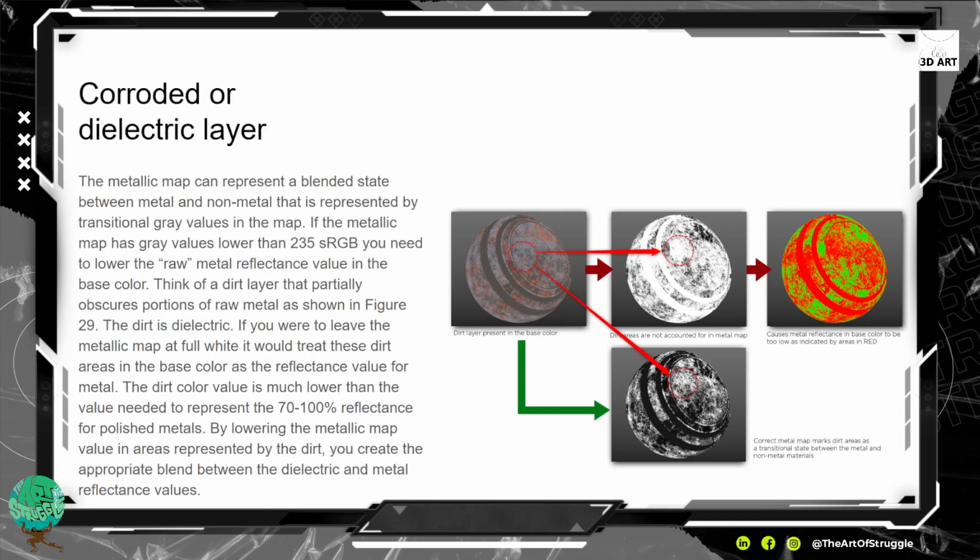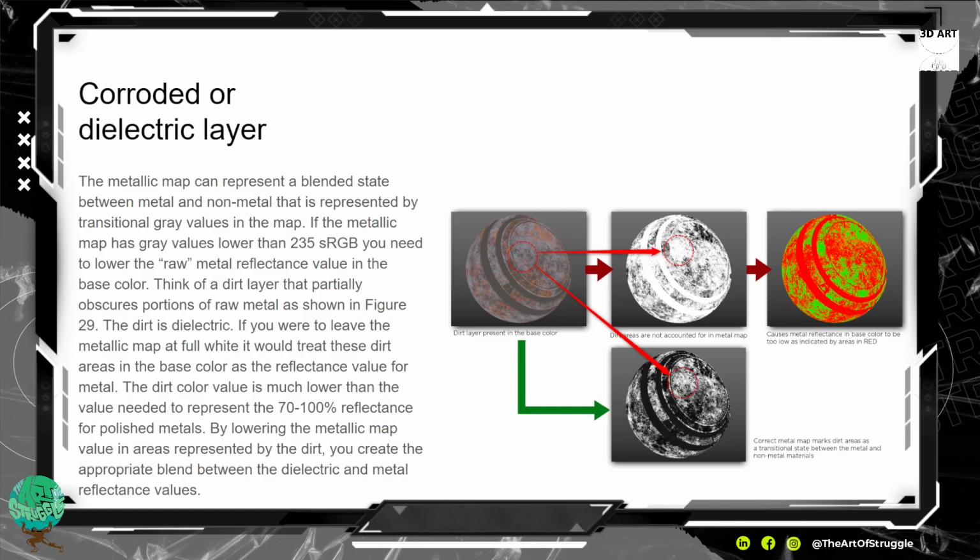So the metallic map can represent a blended state between metal and non-metal that is represented by transitional gray values in the map. If the metallic map has gray values lower than 235 sRGB, you need to lower the raw metal reflectance value in the base color.